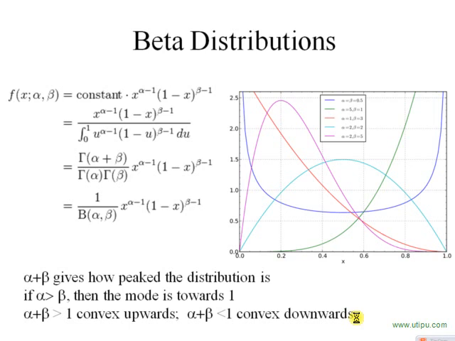It turns out that the beta distribution has certain nice mathematical properties, such that it has a reasonable amount of expressiveness, showing both bell-shaped curves and inverted bell-shaped curves, as well as close to uniform distribution. And it has very nice properties in terms of how you can interpret this alpha and beta.